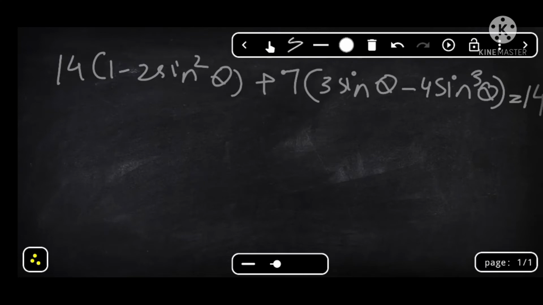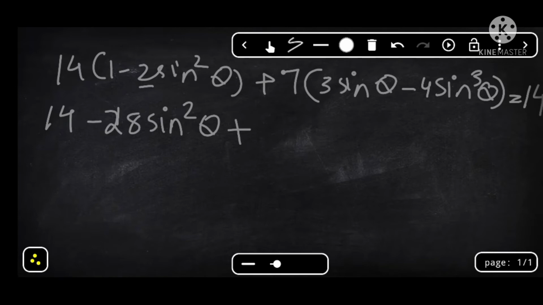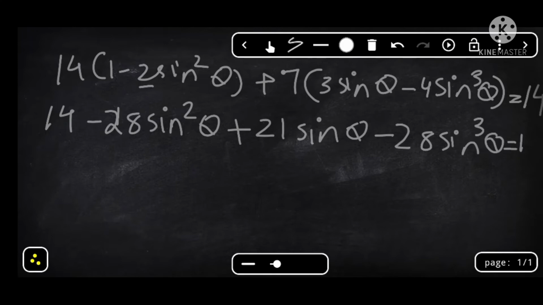Now we are going to multiply 14 inside, also 7 inside. So we will get 14 minus 28 sine square theta plus 7 into 3, 21 sine theta minus 7 into 4, 28 sine cube theta equal to 14.